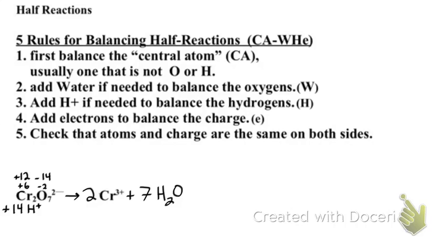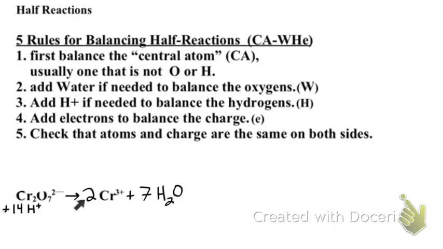So the charge problem comes from the fact that, sorry, I'm going to erase a few things to make it more clear what we actually have. Alright, so on one side of the equation we have 2 times a +3 to give us +6 overall.